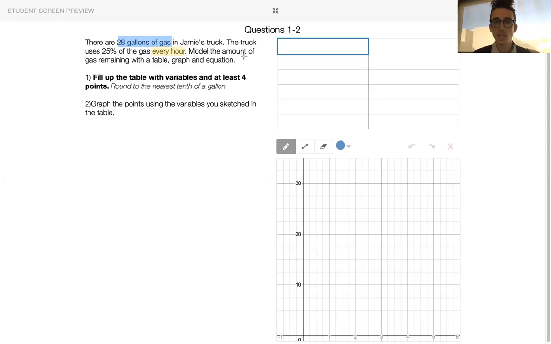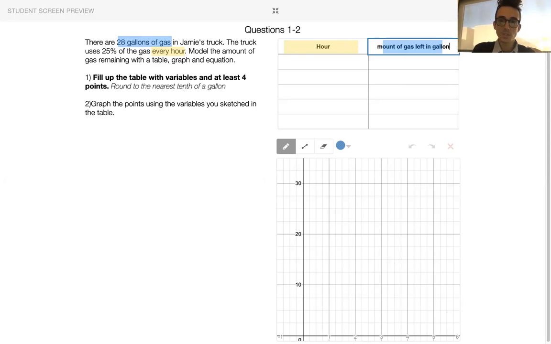So I know that the hours are going to change, and I know that the amount of gas is going to diminish because that's how cars work, unless it's an electric car, and I don't want to get into that because Jamie doesn't have that. So what I'm going to do here is measure the hour. Over here, I'm going to measure the amount of gas left in gallons.